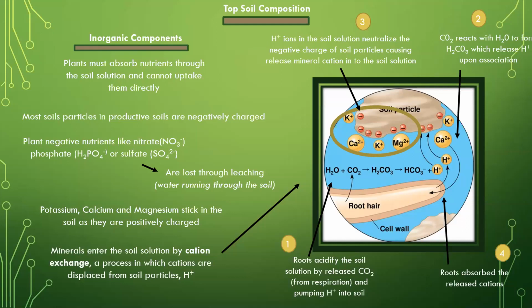These molecules are now being released from the soil. The hydrogen, the protons, are acting with them, removing that bonding, and then the roots are able to absorb the released cations.